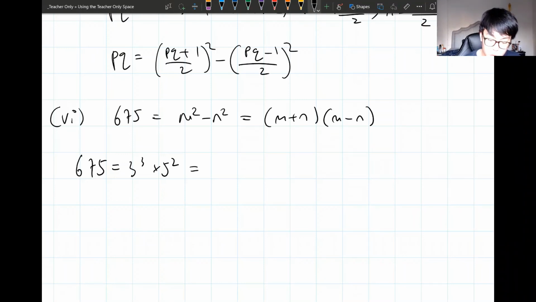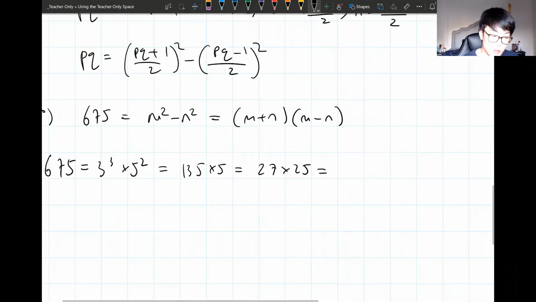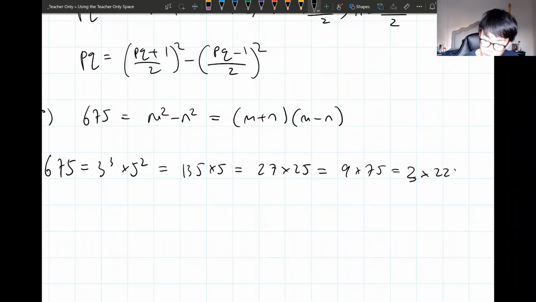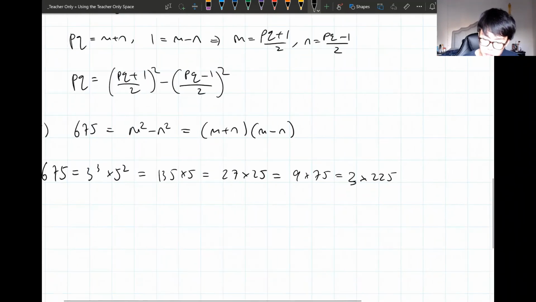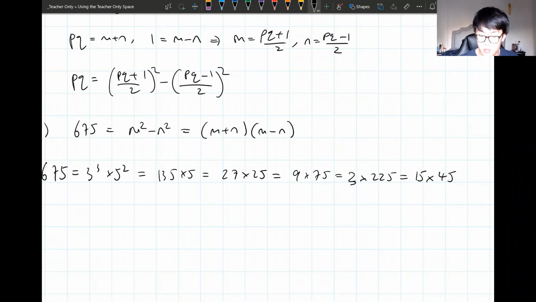This is equal to 135 times 5. This can be 27 times 25. This is also equal to 9 times 75. This is also 3 times 225. And the last one that people might miss is 15 times 45, when you have a 3 times 5 and a 3 times 5, 3 times 15.